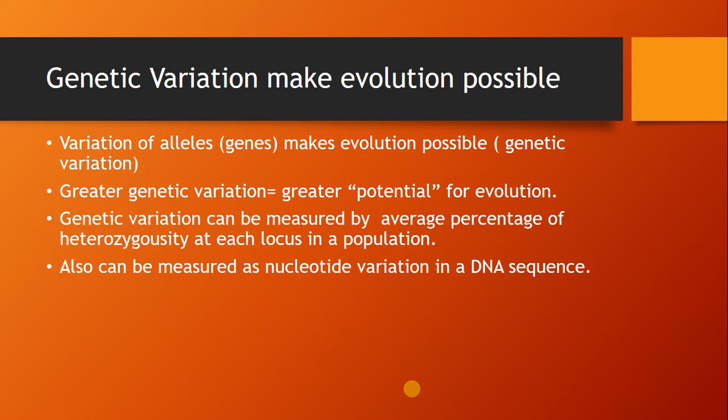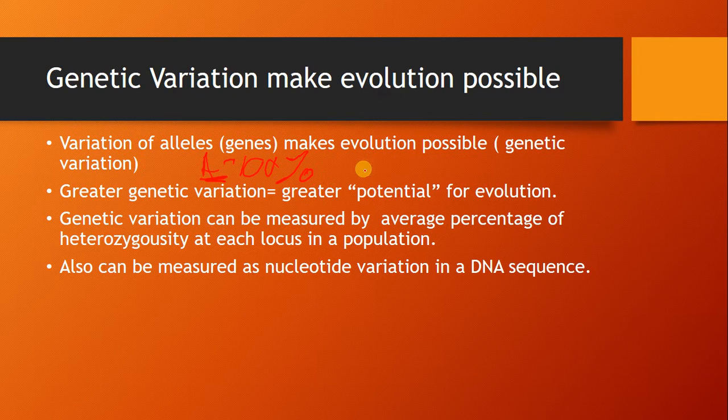Right. So, needless to say, like we talked about with the finches, genetic variation is what makes evolution possible. Variation of alleles makes evolution possible. If all the birds had the same alleles, let's say every bird had two copies of the dominant A allele, evolution couldn't happen.